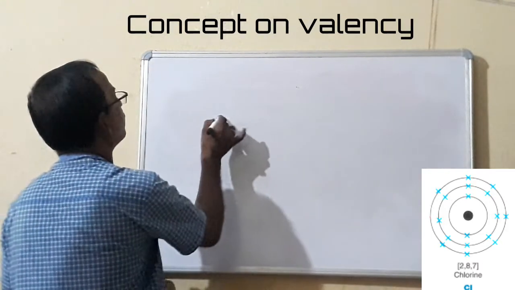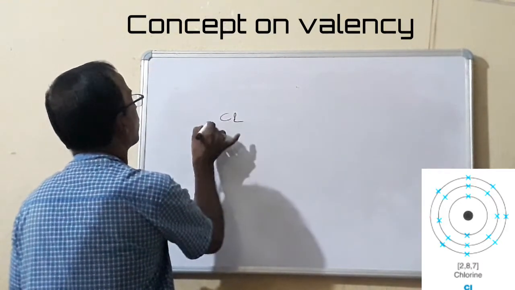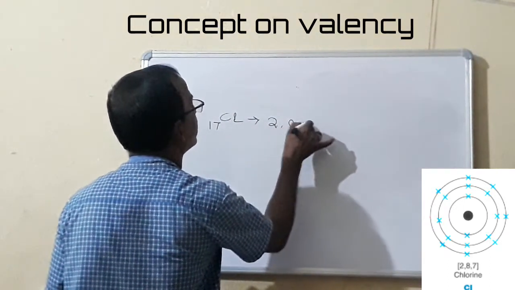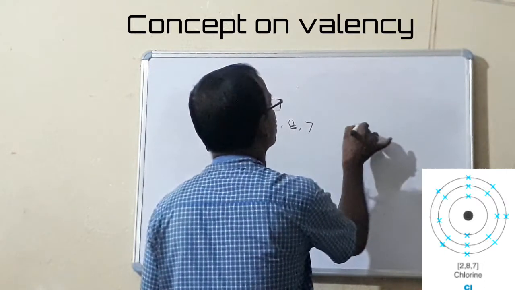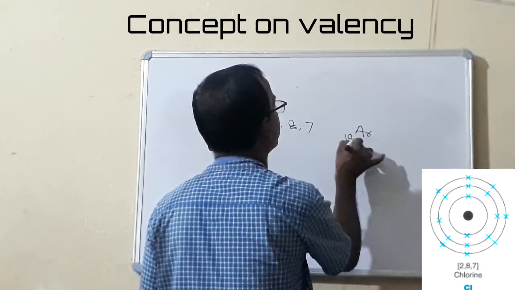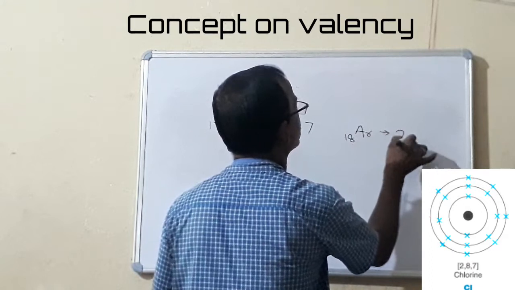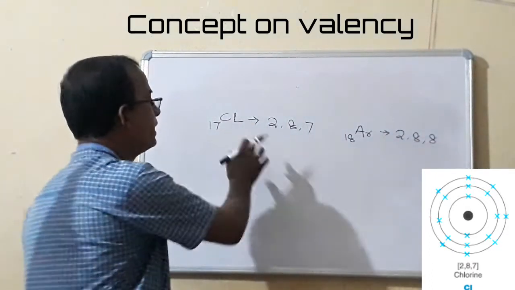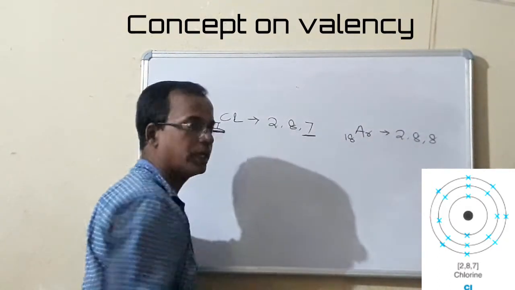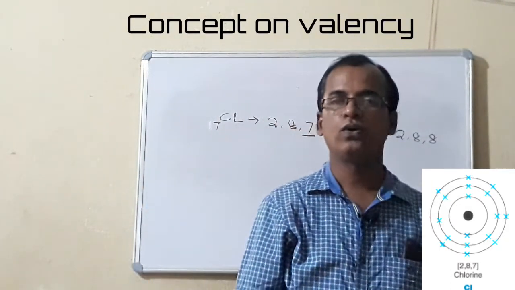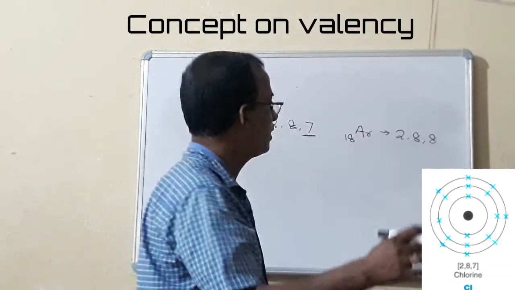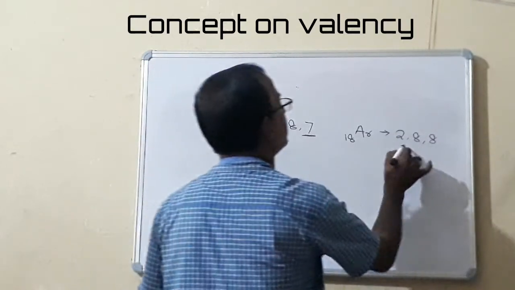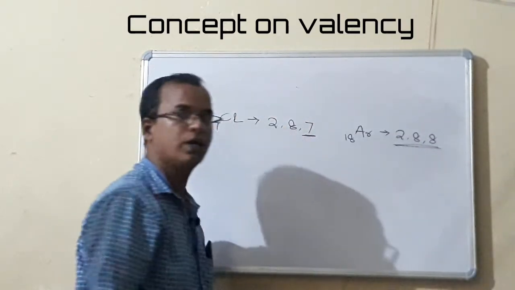Let us take an example of chlorine. Chlorine, atomic number 17, electronic configuration is 2, 8, 7, its nearest noble gas is argon 18, electronic configuration is 2, 8, 8. Chlorine has 7 electrons in its valence shell. When chlorine accepts 1 electron from others, it can attain the nearest noble gas configuration of argon.